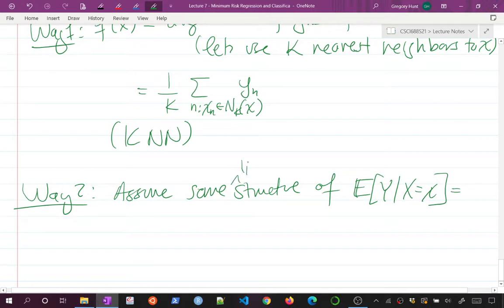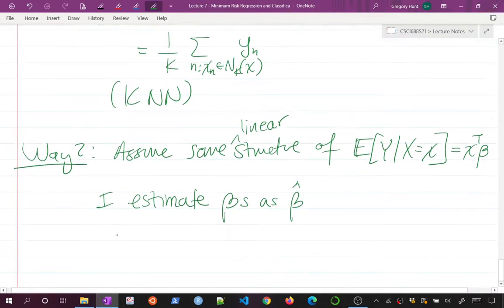So let me say it's some linear structure, which is that the conditional expectation of y given x is linear, and so we could always write linear as some inner product. Let's say it's some x times beta, or x transpose beta. And then I estimate. So all I have to do now is I estimate the betas as beta hat, and my f hat is just beta hat transpose x.